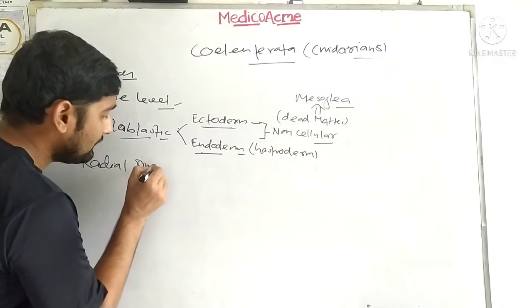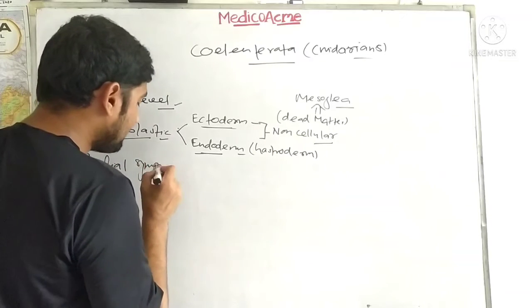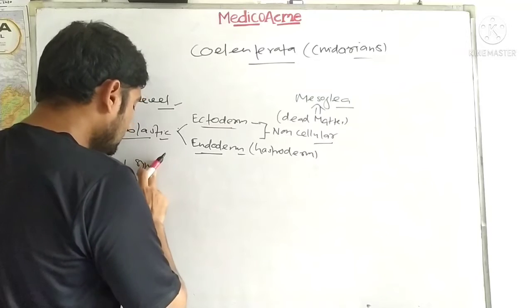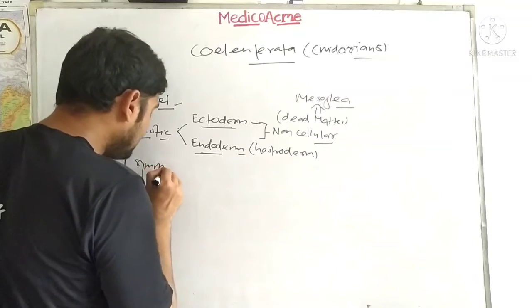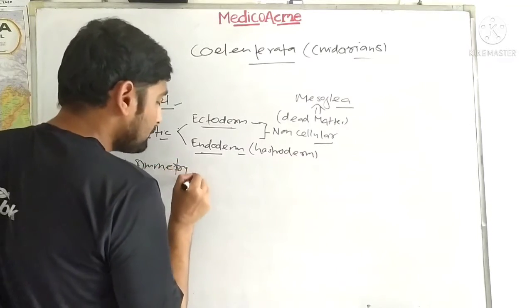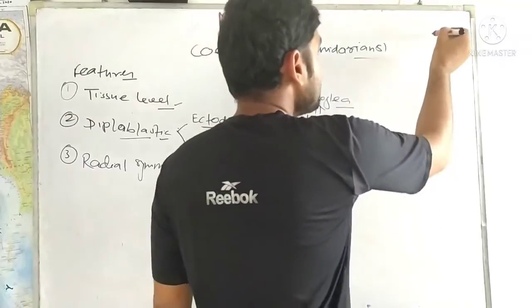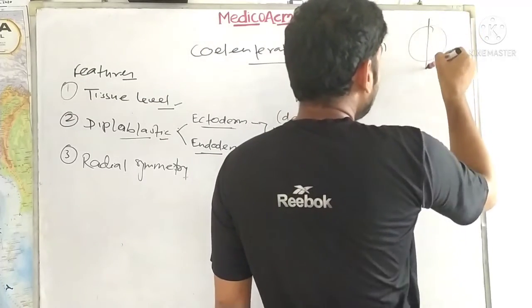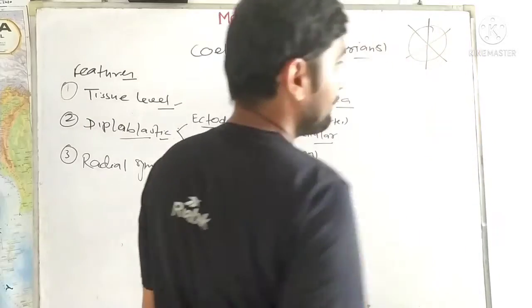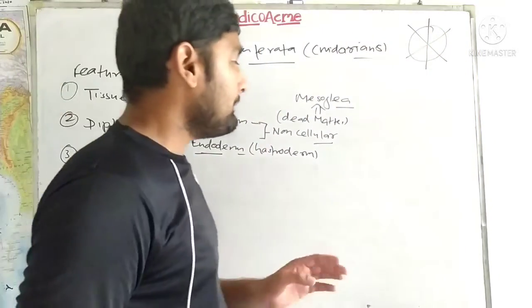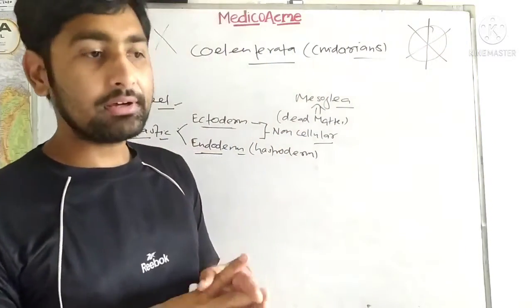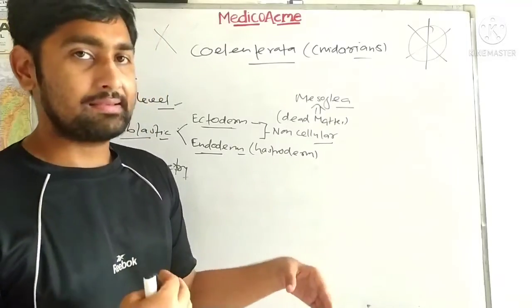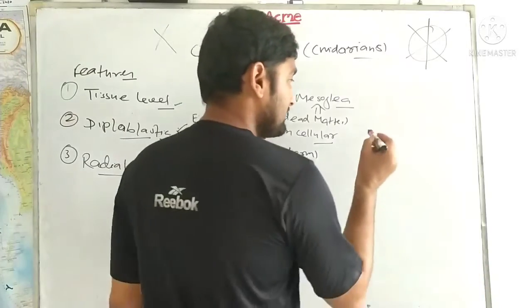In my class on levels of organization, I have discussed symmetry in detail. So guys, as a rough idea, radially symmetrical organisms can be cut into two halves along many planes. The main important thing here becomes the organization of cells. So let's discuss the organization of cells.